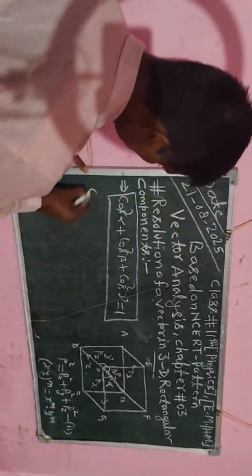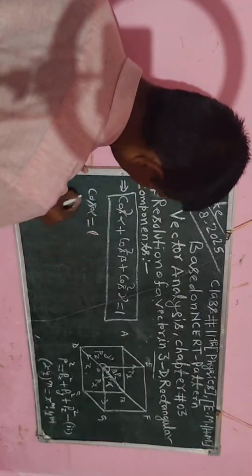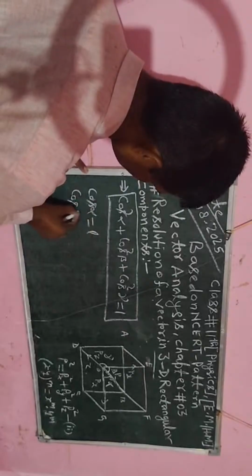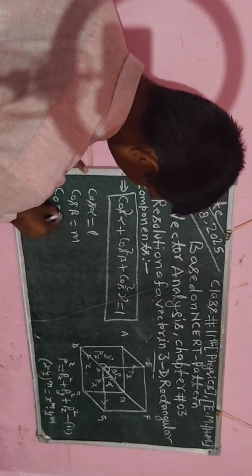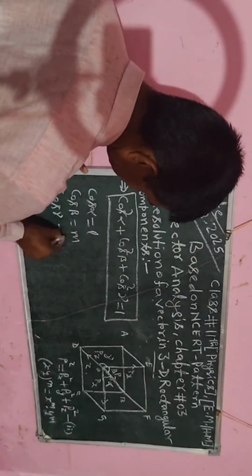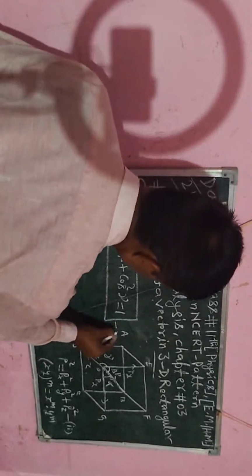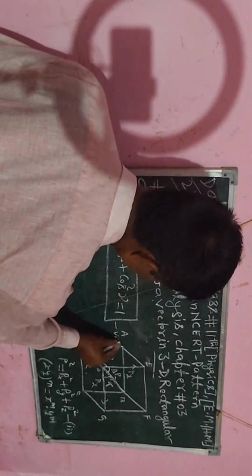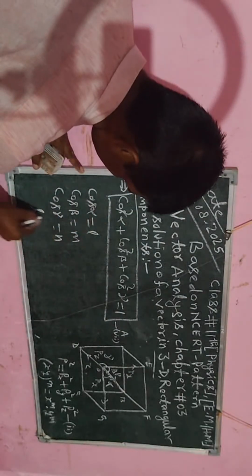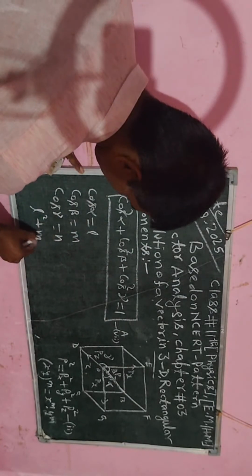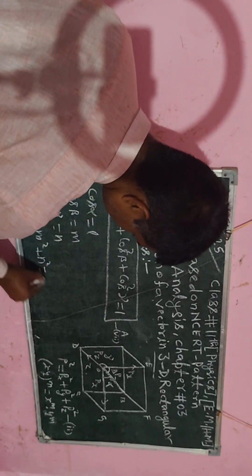Now in the place of cos alpha, already written with n, and cos beta, that is written with m, and cos gamma, that is also written with n, these values I will substitute in equation number 7. After putting in equation number 7, I get n square plus m square plus n square, which is equal to 1.